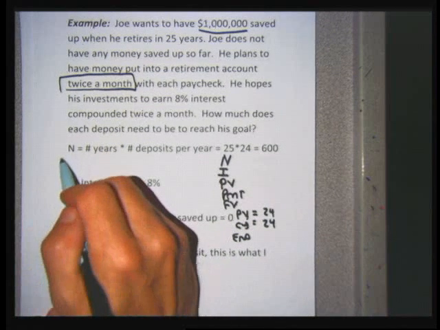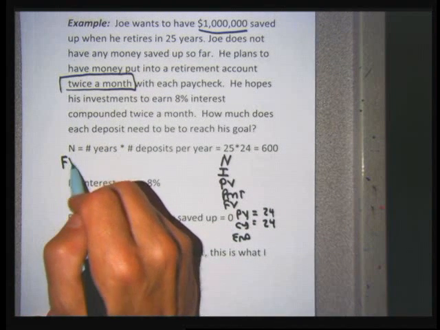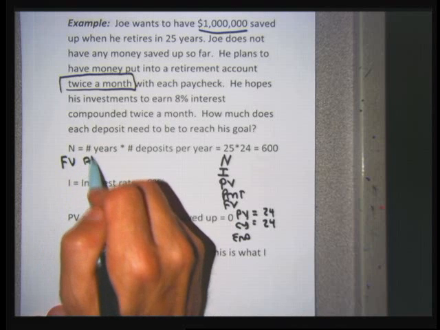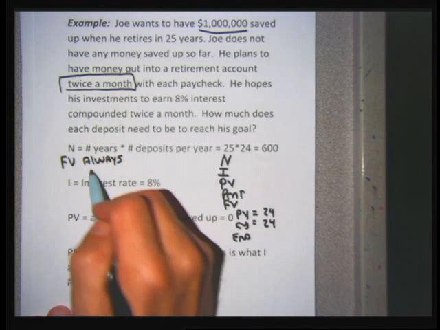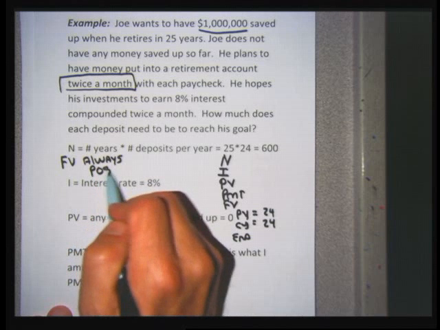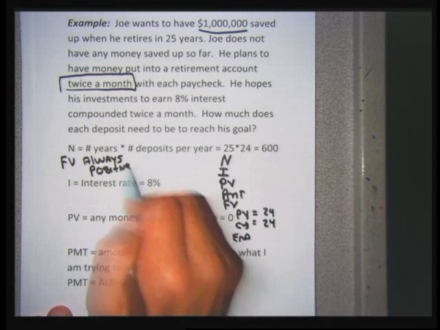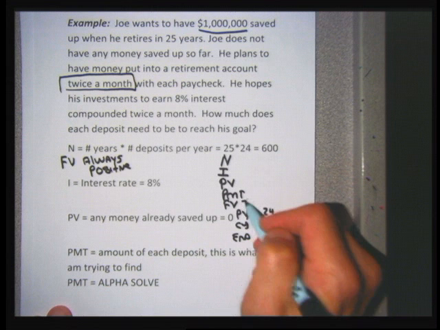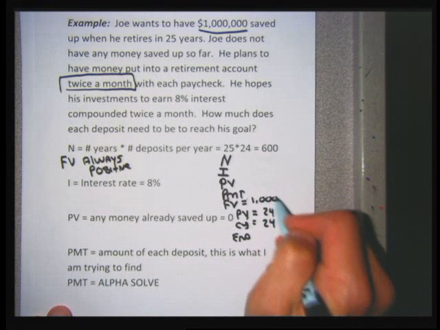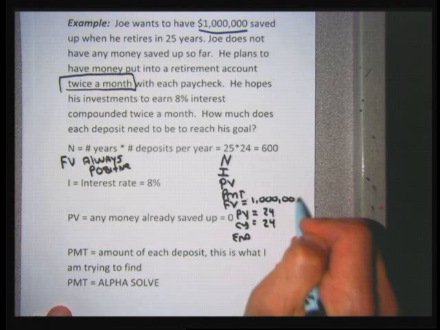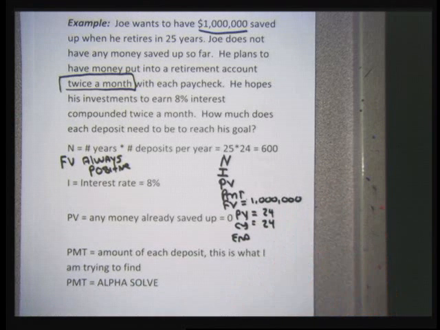Regardless of whether I'm spending my savings or saving up money, the future value, I don't have to worry about its sign. So Joe's $1 million goal is going to go in the future value.